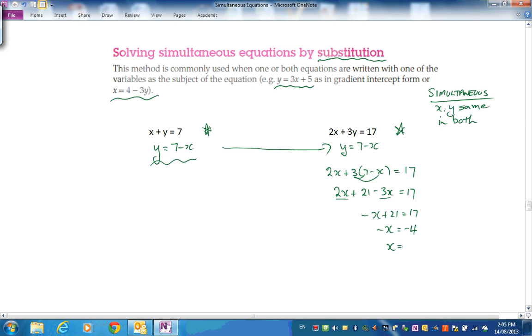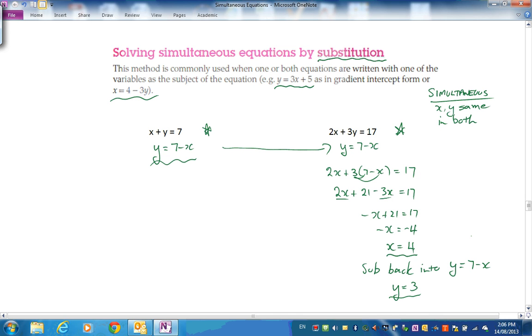Divide both sides by neg 1. X is 4 again. And then we can substitute it back into either of them. But I'll choose the y equals one because that's going to be easier. Y equals 7 take 4 or 3 again. So there's another way of doing it.